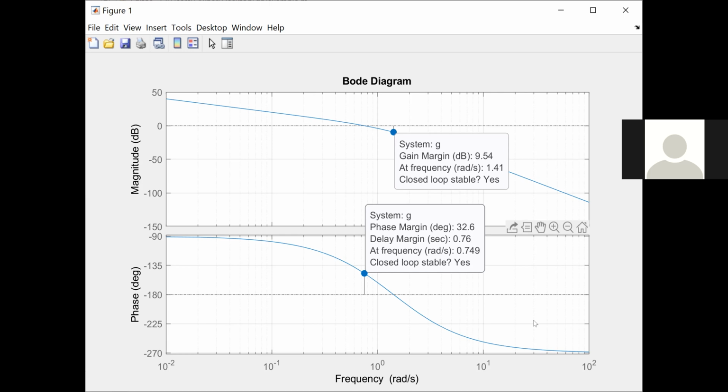What is the omega phase margin? 0.749 radian per second. What is the system stability status? Stable. Why? Because gain margin and phase margin are positive. Excellent.